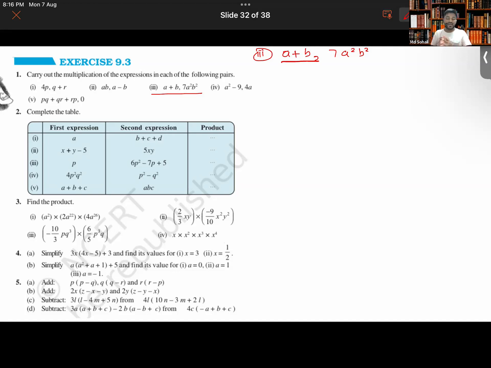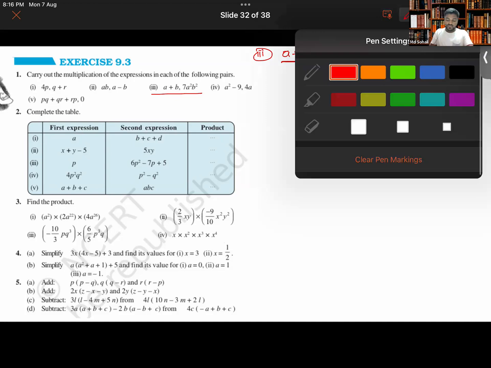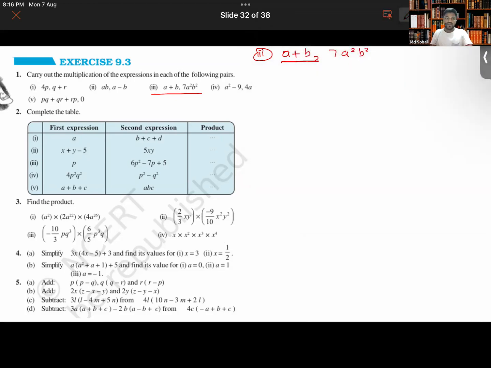As I told you earlier, whenever multiplication takes place between a binomial and a monomial, there's no need to multiply the coefficients first. We just simply multiply the monomial with each term of the binomial.